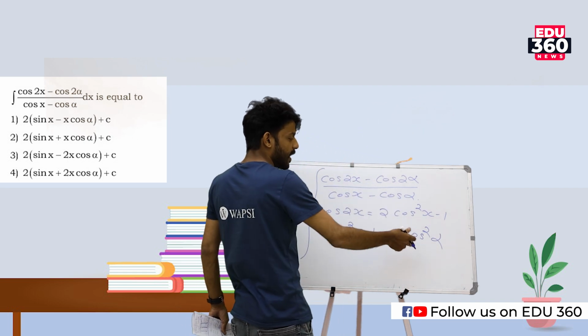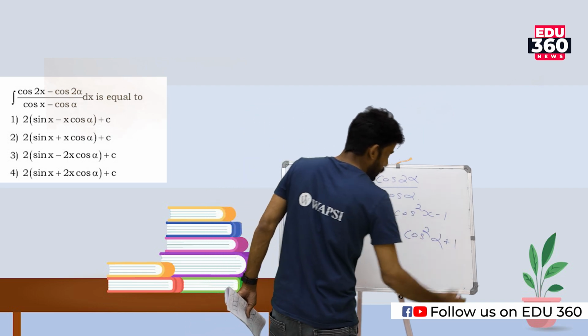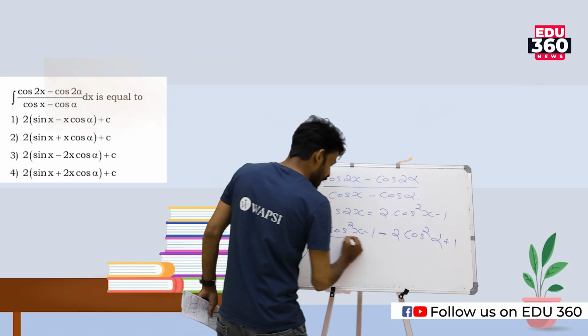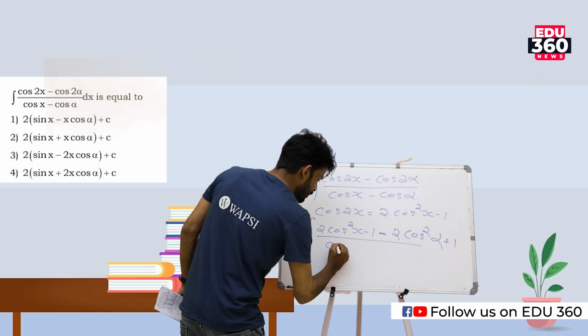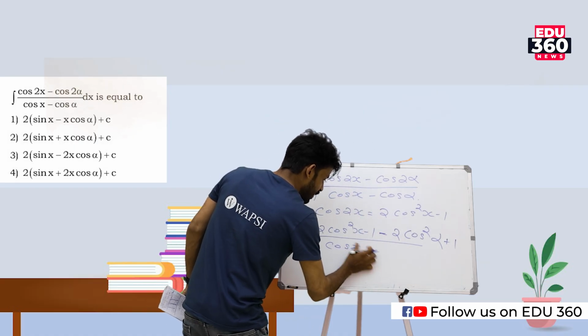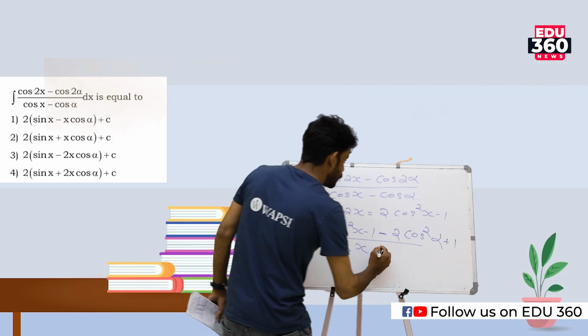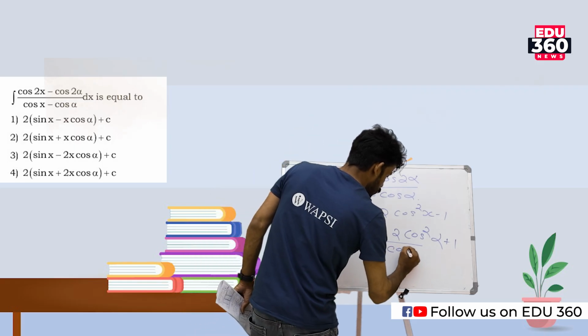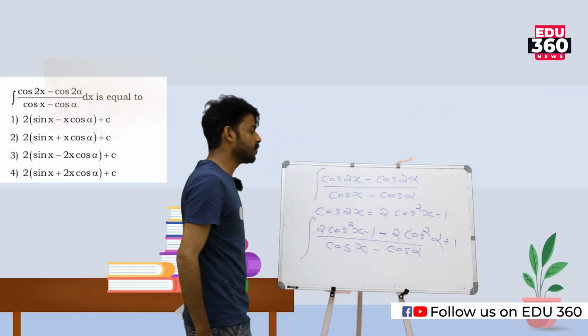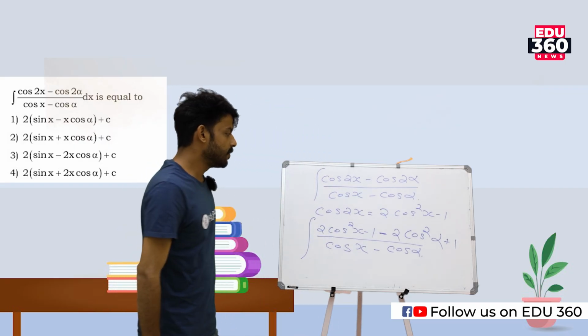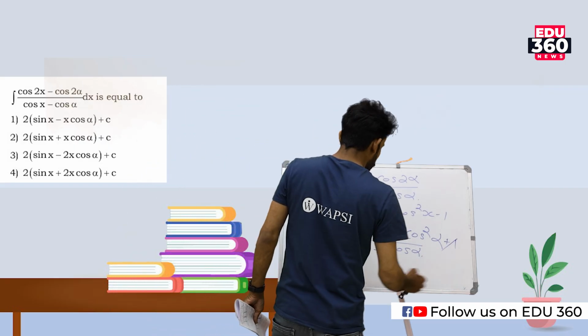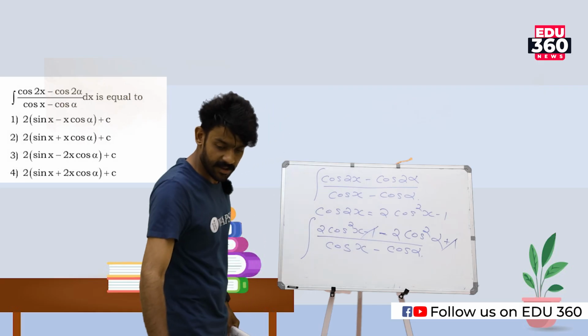I just open the bracket, so here it will become plus 1, divided by the same denominator, cos x minus cos alpha. Yes, so positive 1 and negative 1 just cancel here.